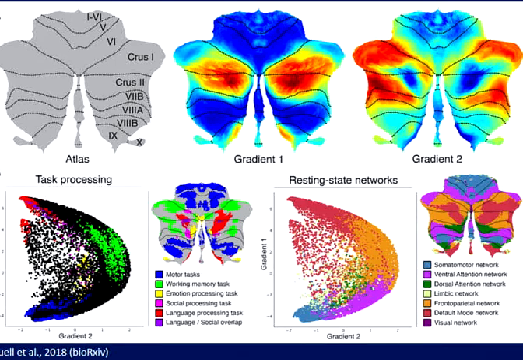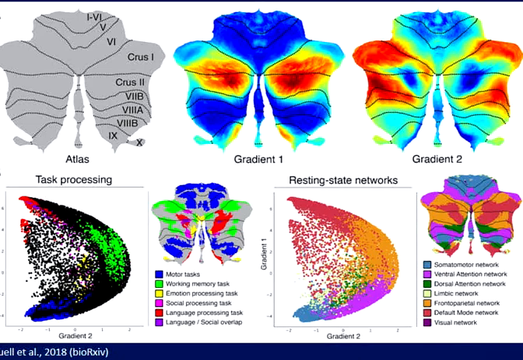If we compare this gradient 1 with a previous resting state parcellation of the cerebellum, we can observe a similar organization, with gradient 1 going from the somatomotor network, shown here in blue, to task-focused, task-positive resting state networks in the middle, then all the way to the unfocused cognitive processing default mode network, shown in red.